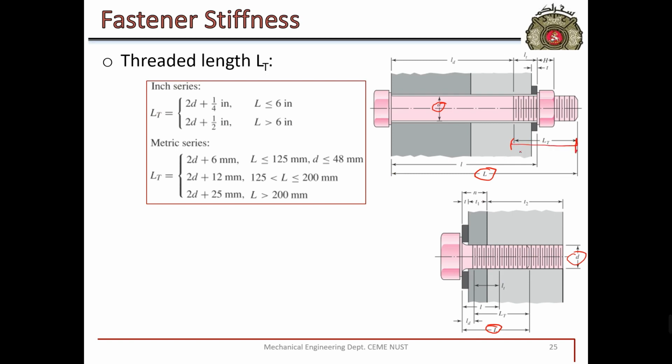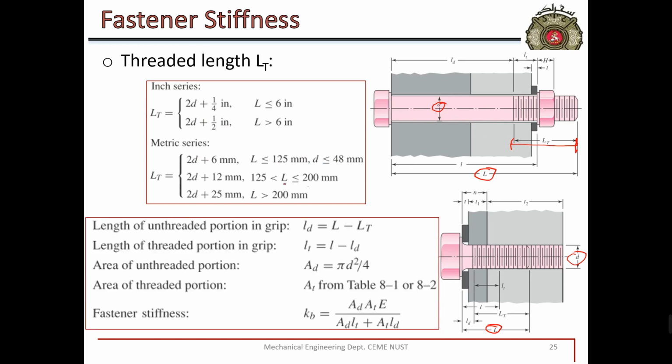Making the whole bolt threaded is costly, and there are also a lot of stresses on the bolt, so it's better to keep most of the bolt solid. We can calculate LT in the inch system or in the metric system.